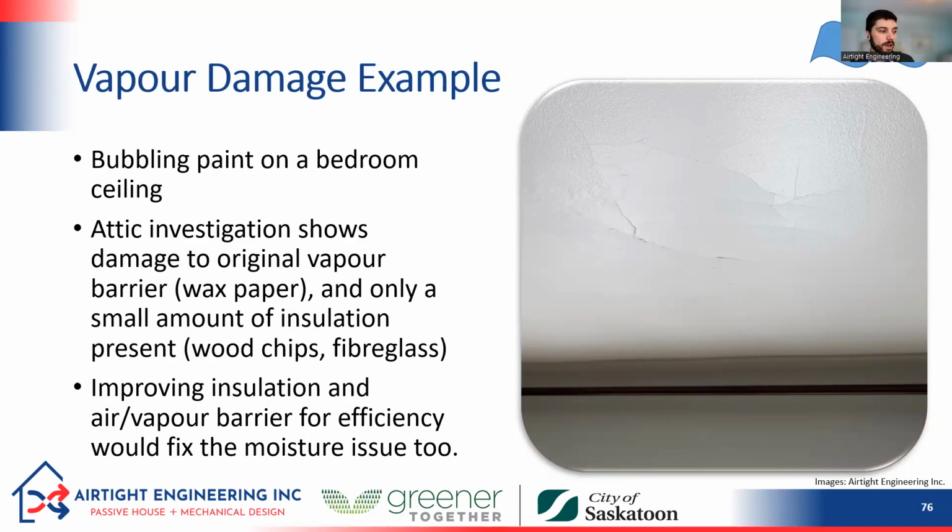What I saw was that there was damage to the vapor barrier up there. It's a 50s house, and the vapor barrier happened to be wax paper, so pretty easy to damage, go figure. And there was only a small amount of insulation present on top of this particular spot in the attic. That insulation was of poor quality, as well as wood chips and a bit of blown in fiberglass.